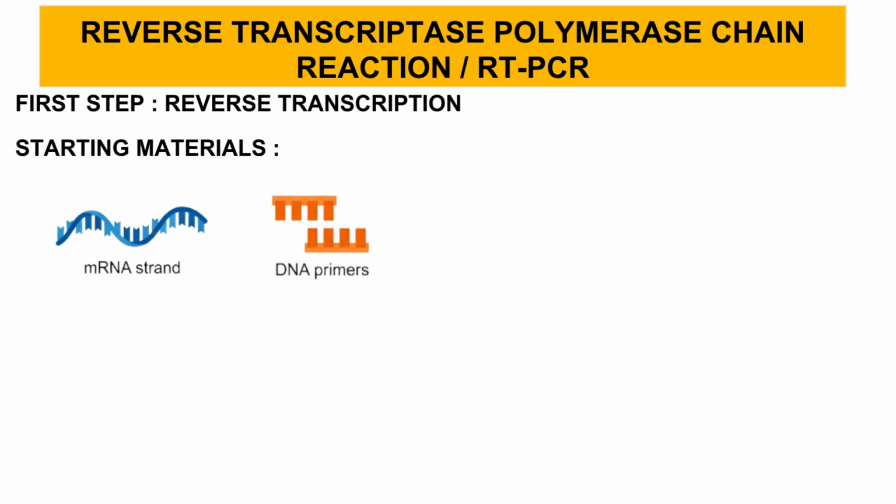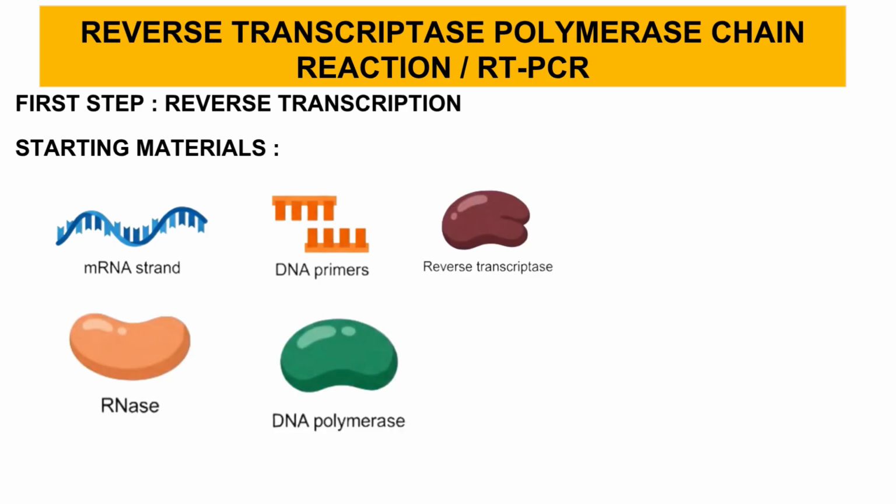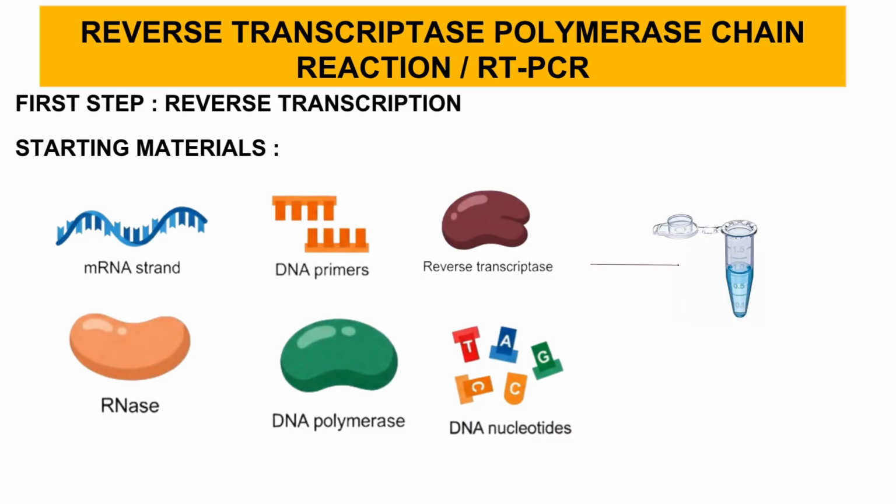The enzymes required are reverse transcriptase, RNase and DNA polymerase. Lastly, we need DNA nucleotides, consisting of adenine, thymine, guanine, and cytosine, which serve as the building blocks for the new cDNA strand. All these components are mixed together in a reaction tube before the reverse transcription process begins.